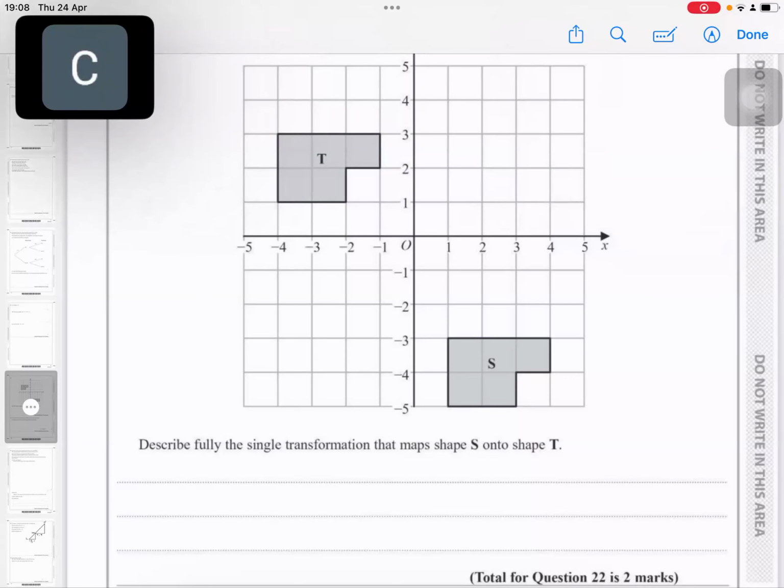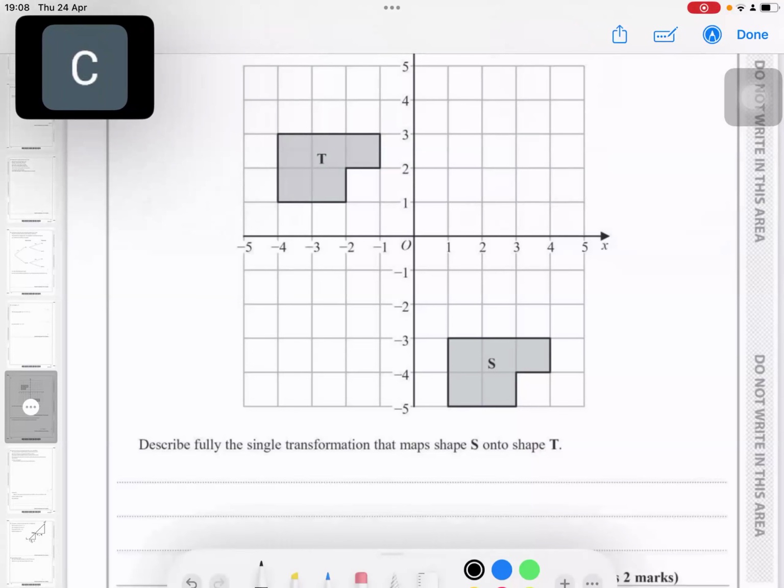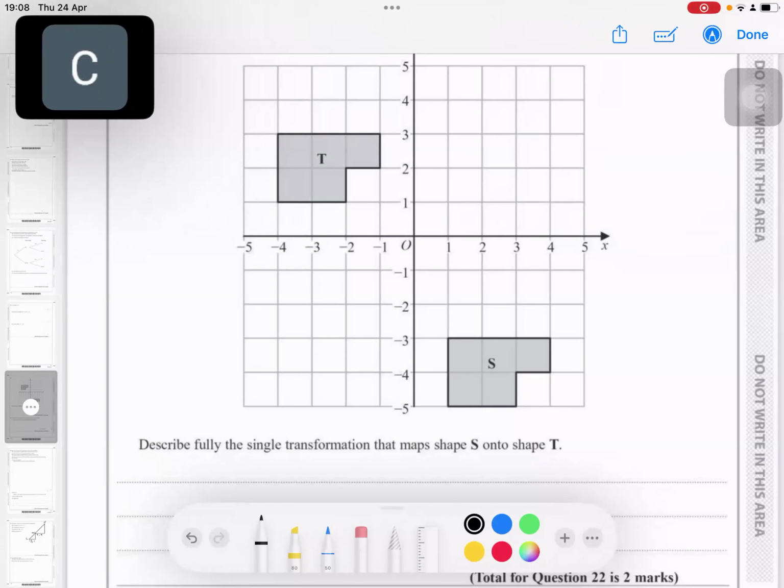Let me see. I think I know how to do this one. It's just lines, so I can draw it.